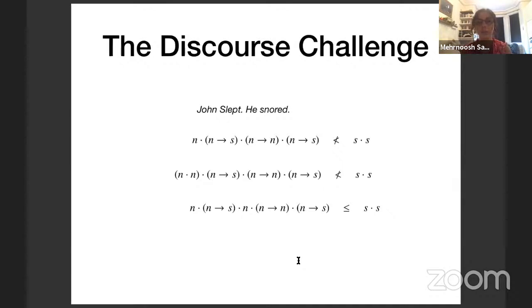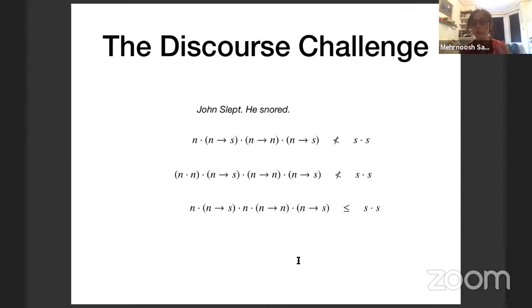John slept, he snored. Here, these two sentences are linked to each other via anaphora. He is a pronoun referring to a noun phrase, the noun phrase John, that is occurring before it. And this link, this reference, has to happen in the grammar in order for the reduction of these two strings to be S multiplied by S. So you have two sentences concatenated with each other in this setting.